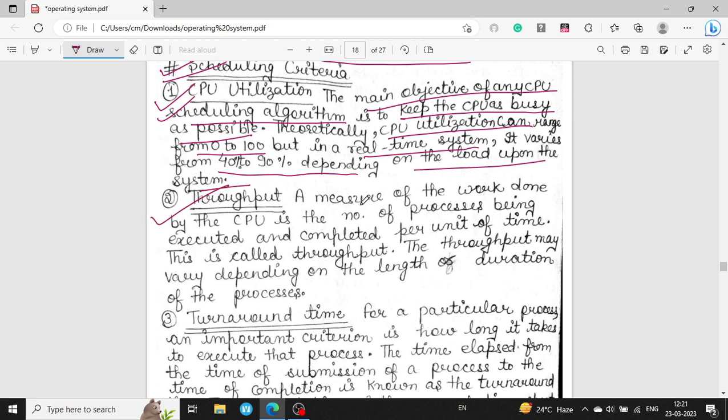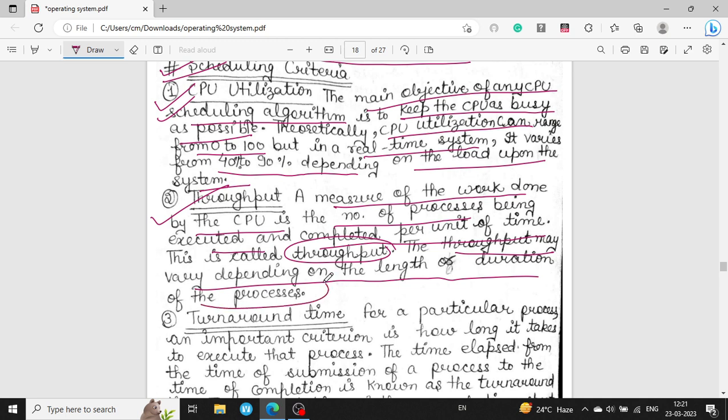Next, throughput. A measure of the work done by the CPU is the number of processes executed and completed per unit of time, which is known as throughput. The throughput may change depending on the length or duration of the process.